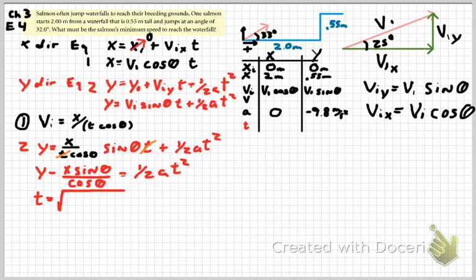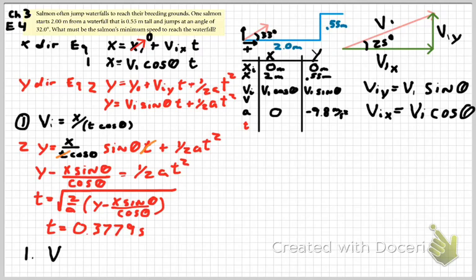Now I multiply by 2 and divide by a on both sides and then take the square root. And this is the term I get. Notice t is in terms of all variables that we know. And we solve that time is a little more than 1/3 of a second. So the salmon is in the air for 0.3779 seconds.